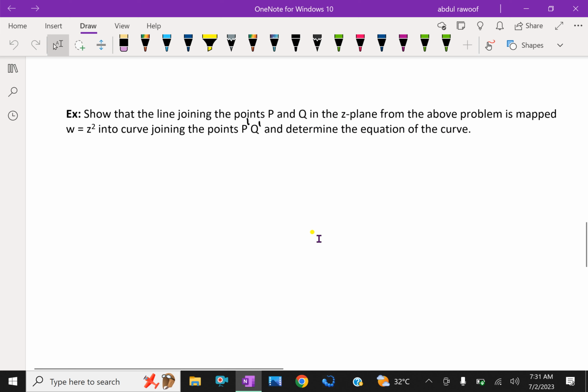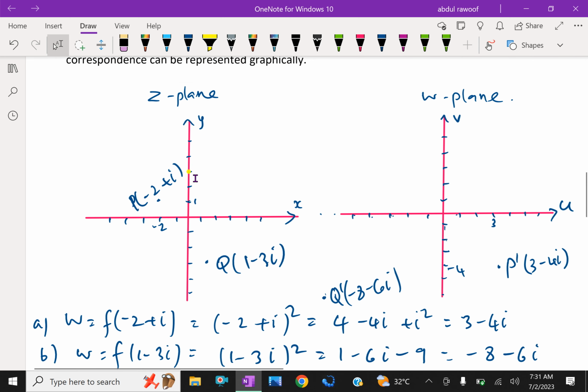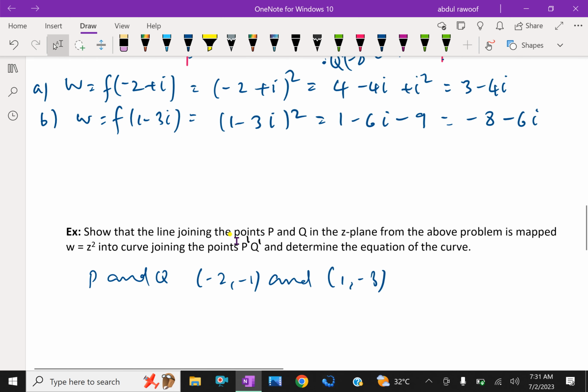Here the points P and Q: the point P is minus 2, 1 and Q is 1, minus 3.